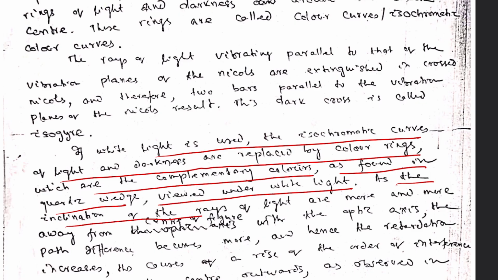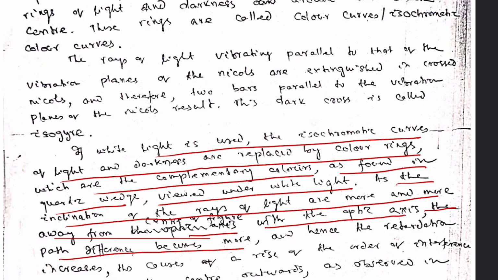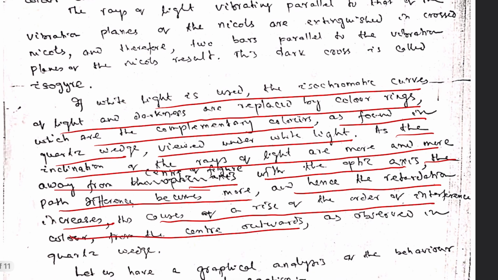As the inclination of the rays of light is more and more away from the center of the figure with the optic axis, the path difference becomes more and hence the retardation increases, and it causes a rise in the order of interference color from the center outwards, as observed in the quartz wedge.